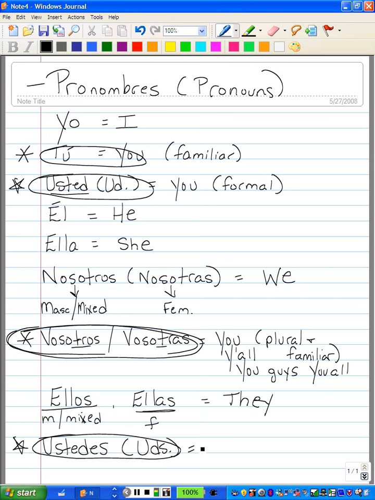Ustedes means basically the same thing as vosotros, except it's formal. So this is you, plural, and formal. Again, we say y'all, you all, you guys, etc.